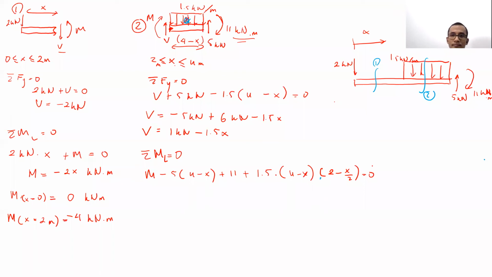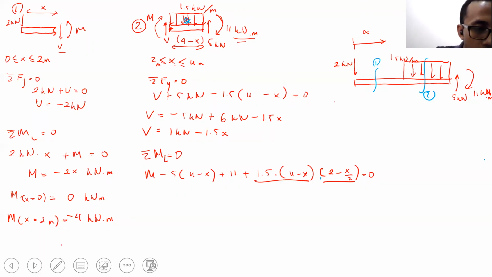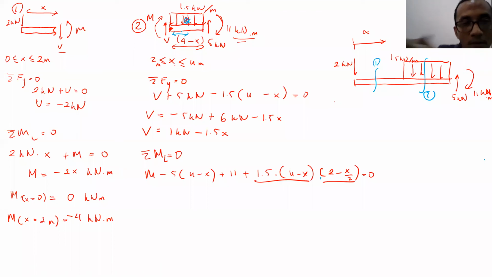Do you get why it is like this? Because this one is the force, multiplied by the moment arm there. The moment arm is supposed to be from the middle to the left, right? Okay, sir. But I'm still processing the 2 minus x per 2. It comes from here, the distance from here to the middle, to the centroid here.